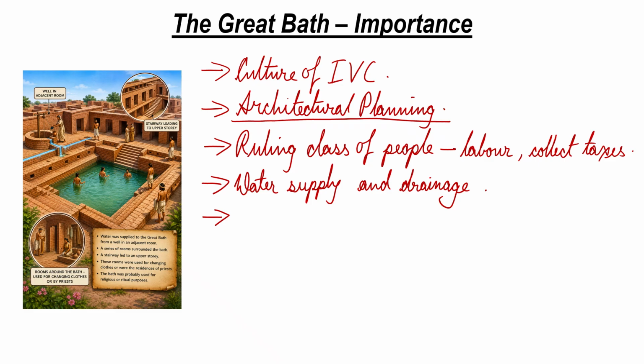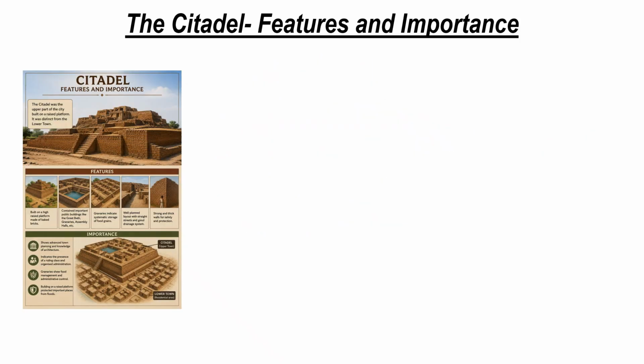And as we have already discussed, this structure was used for ceremonial bathing. Okay, so it may not have been in function all round the year, it may have been in function only for certain occasions. The next point of discussion is the citadel.